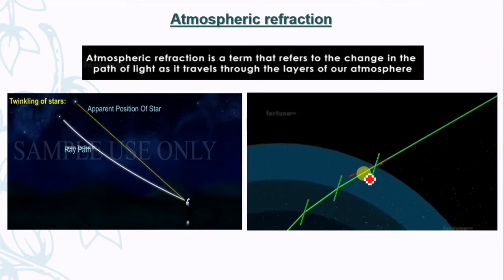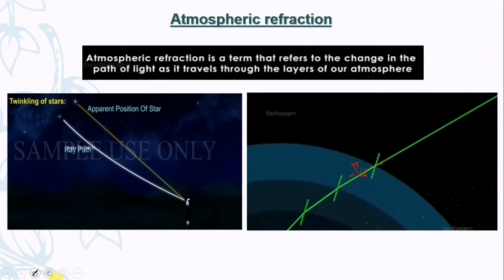Will it bend toward our normal or away? It will bend toward, because it's going to slow down. So this happens when the light coming from a star enters our layers of air around Earth.